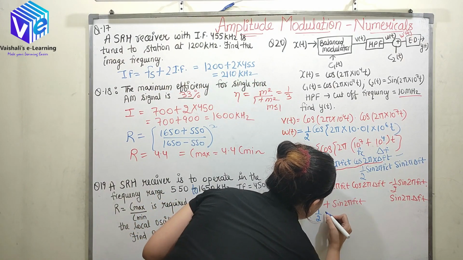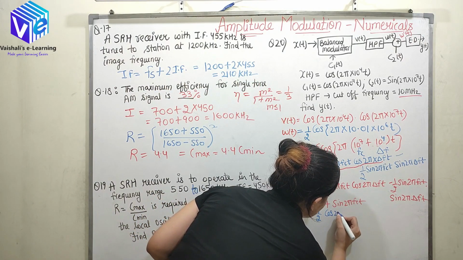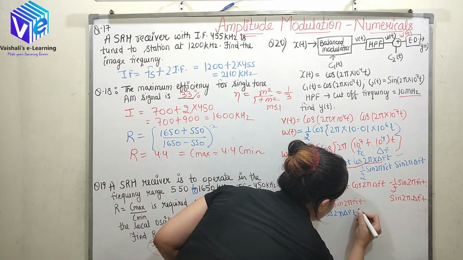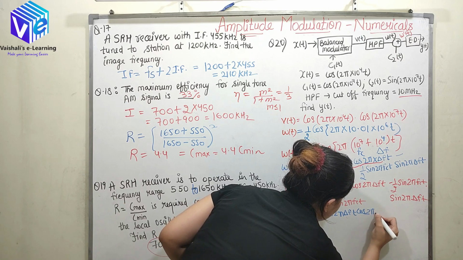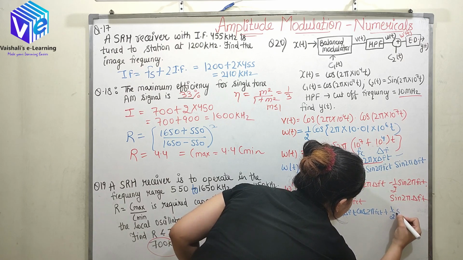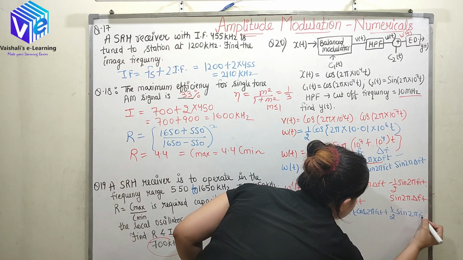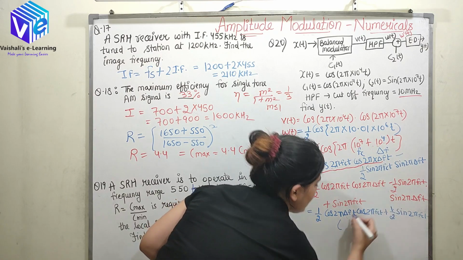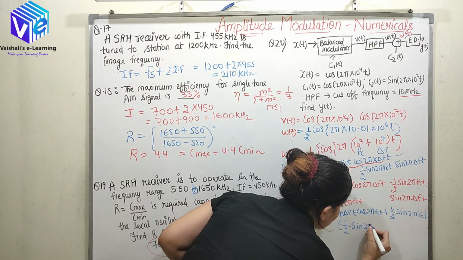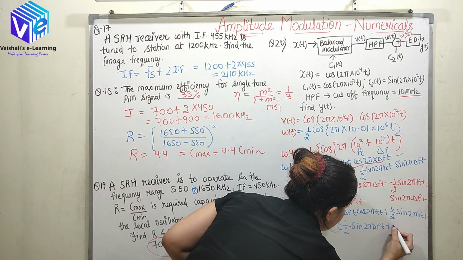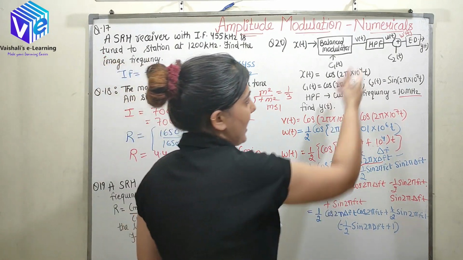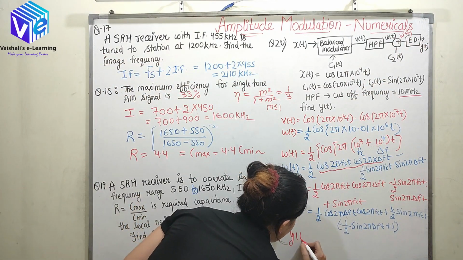So here I'll be having half of cos 2 pi delta ft cos 2 pi fct plus half of sine 2 pi fct. So I took sine 2 pi fct common. Here I am left with minus 1 by 2 sine 2 pi delta ft plus 1. So now I just need to find out the envelope and it will give me the y of t.